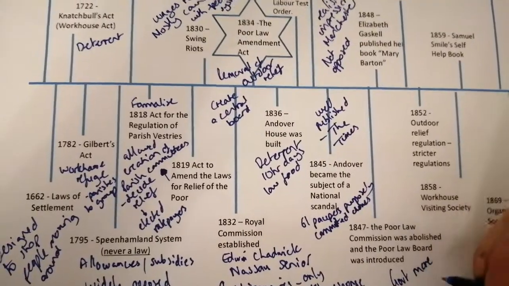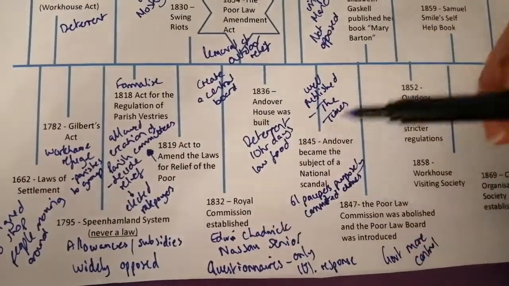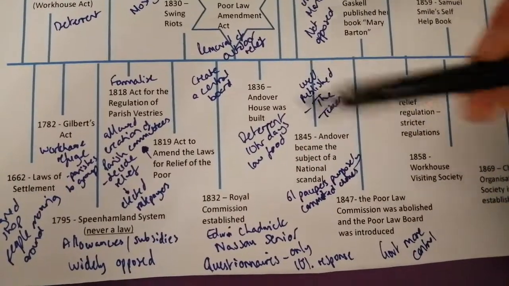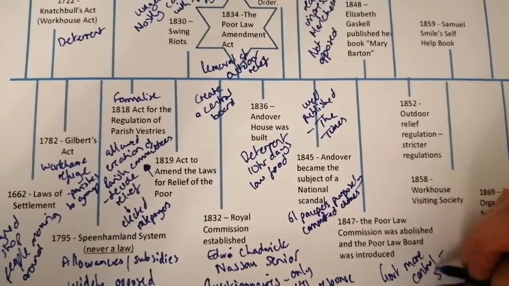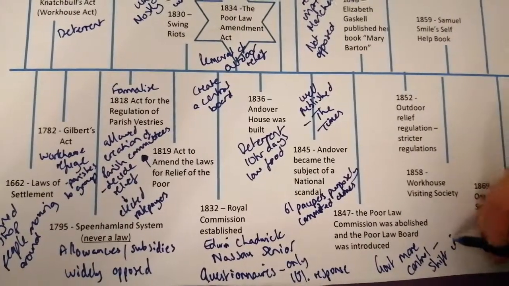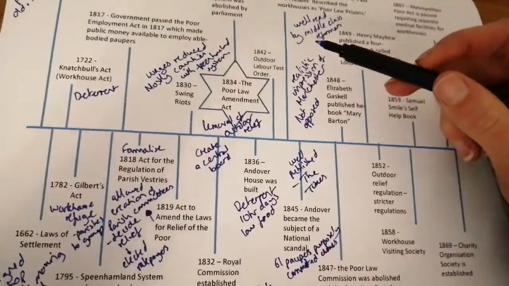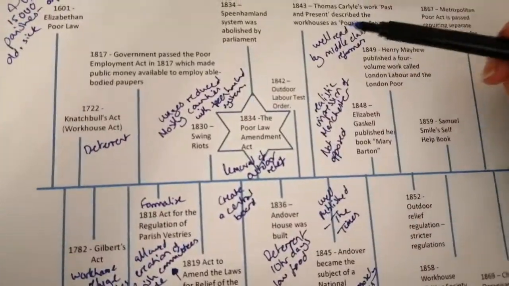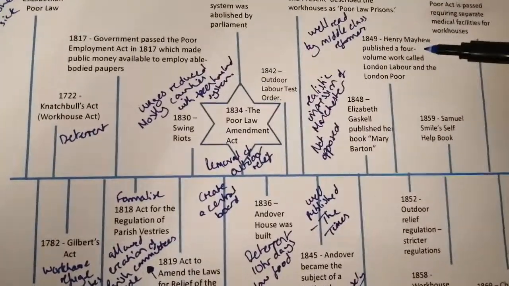And I think potentially this is partly due to the Andover scandal that we have this move towards it. So this could be where we consider a shift in opinion. But obviously, this is 1847. We've already had Thomas Carlyle in 1843. We've got Elizabeth Gaskell not far behind. Then we get Henry Mayhew.